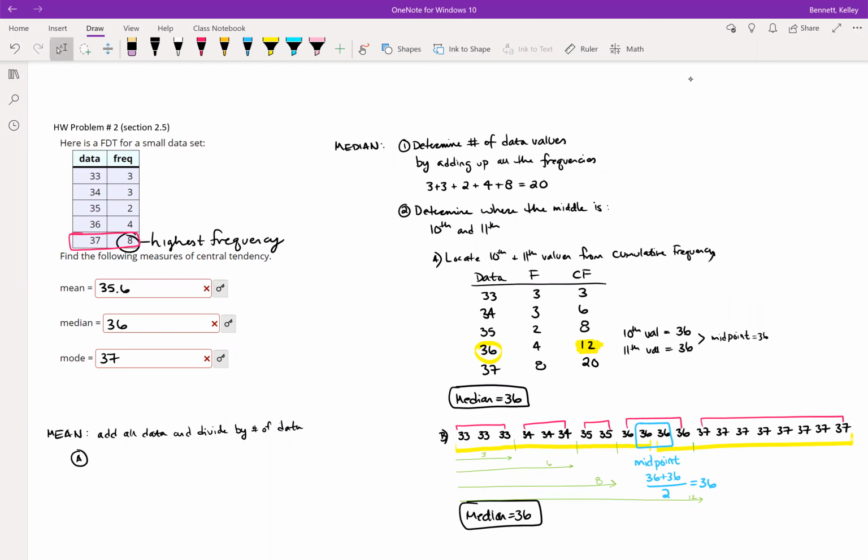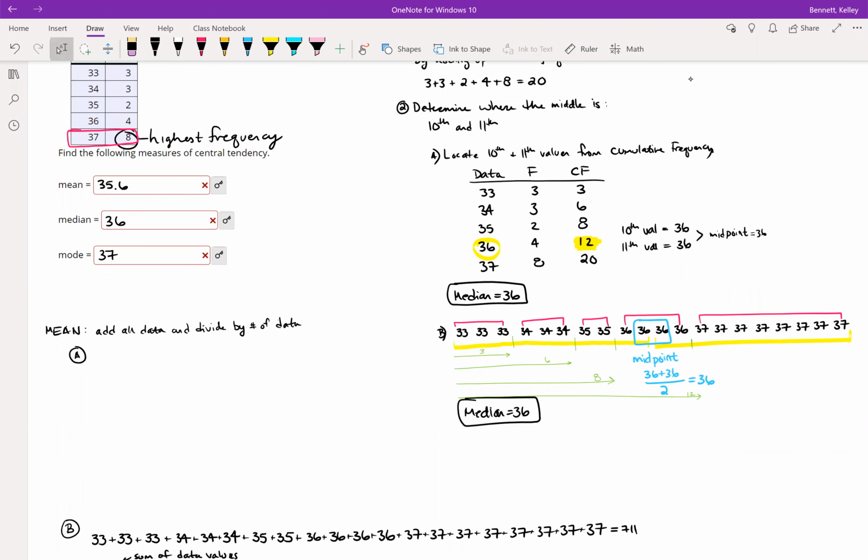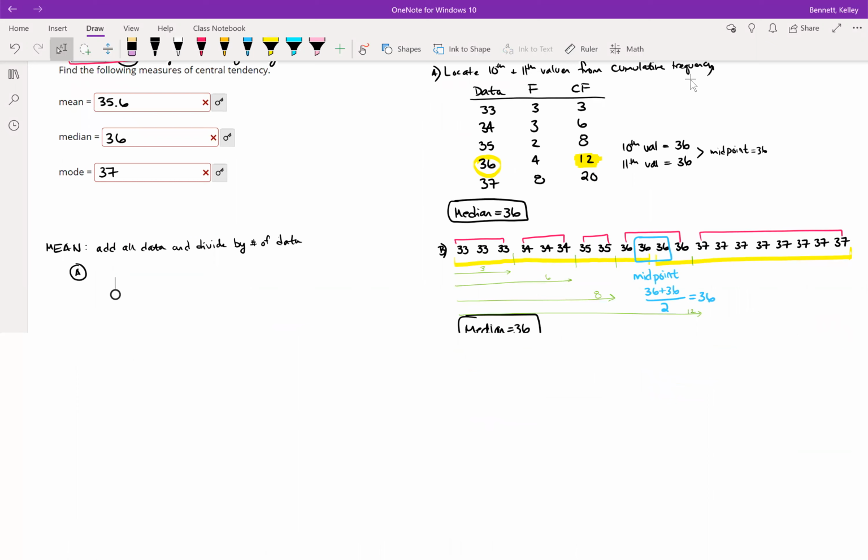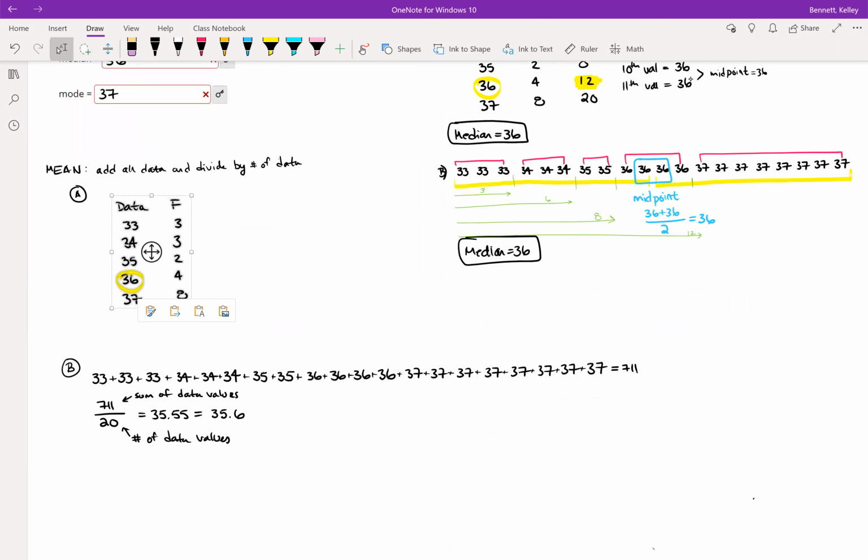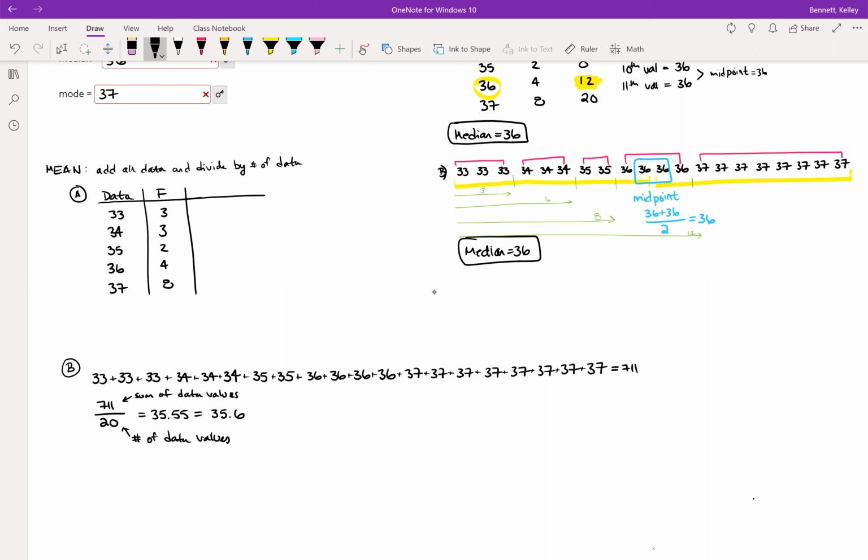The other way to do that, which I think is a lot more efficient, is you can take your table, and you can take, so this is your X right here, right?